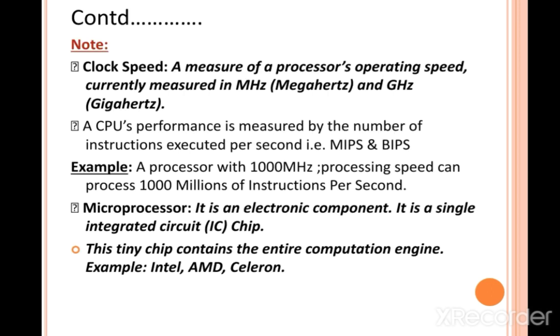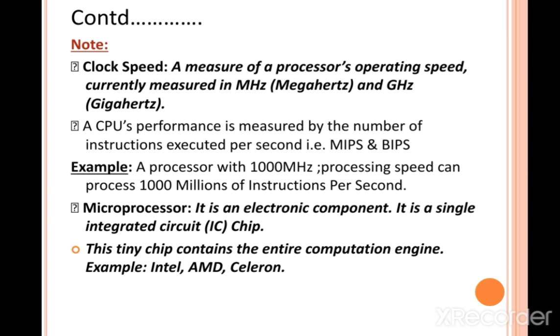Next, see about clock speed of a CPU. It is a measure of the processor's operating speed, currently measured in megahertz and gigahertz. So the computer's operating speed is linked to the speed of the system clock.